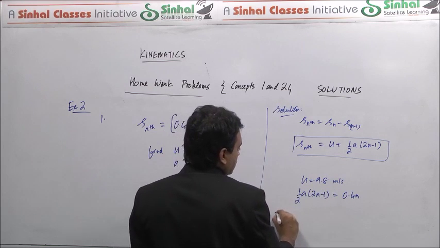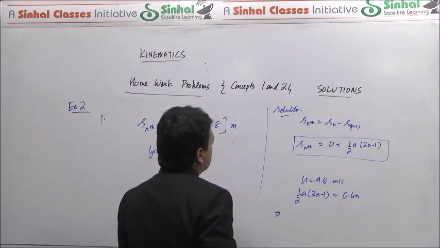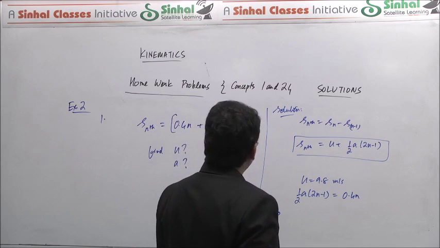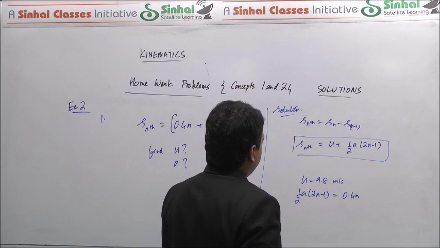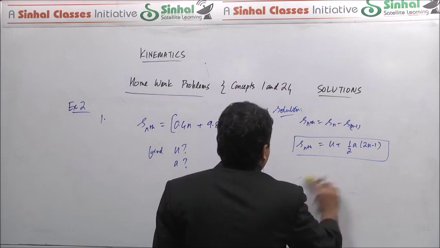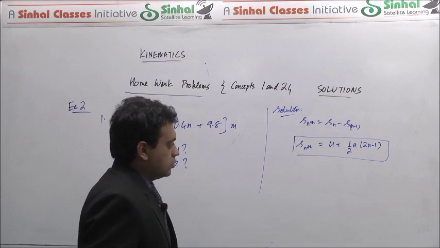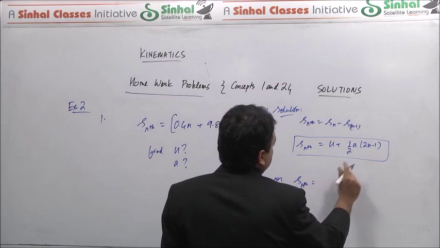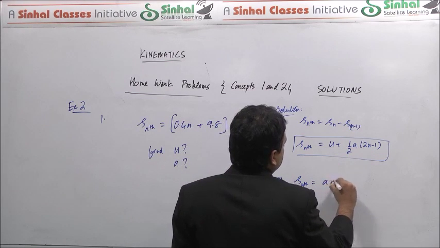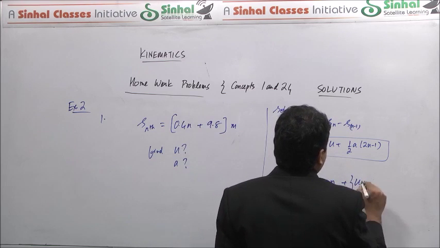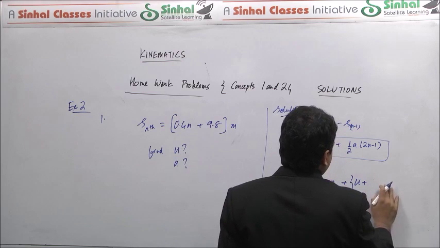In other words, we can say that, sorry, you can see that the coefficient of n is a, and the constant term is u plus a by 2, sorry, u minus a by 2.